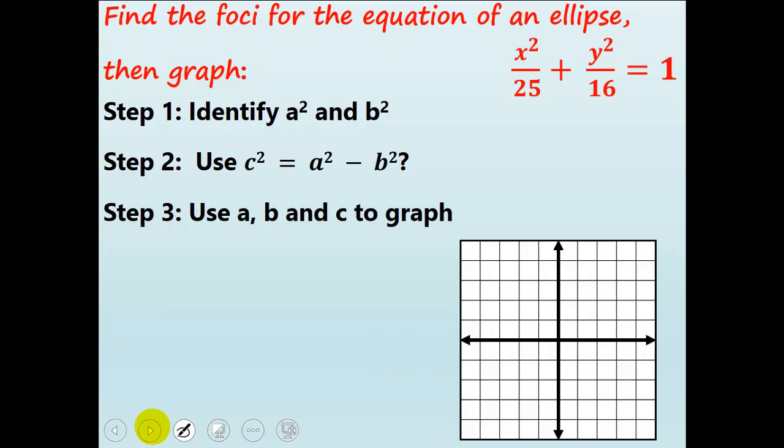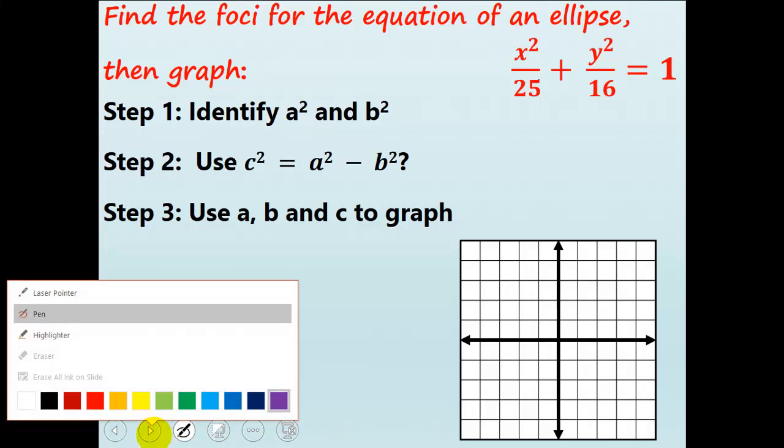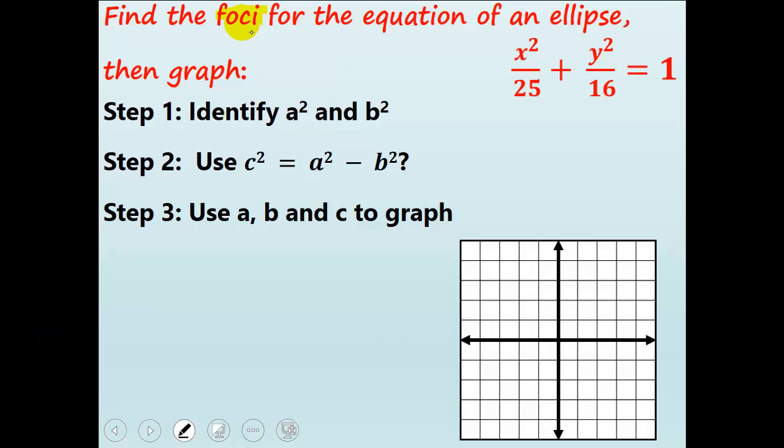Now we're going to learn how to look at an equation and figure out what the foci are. Okay, so we're looking first for c squared. We have to find c, but first we're going to find c squared. So which is a squared and which is b squared? A squared is the largest.